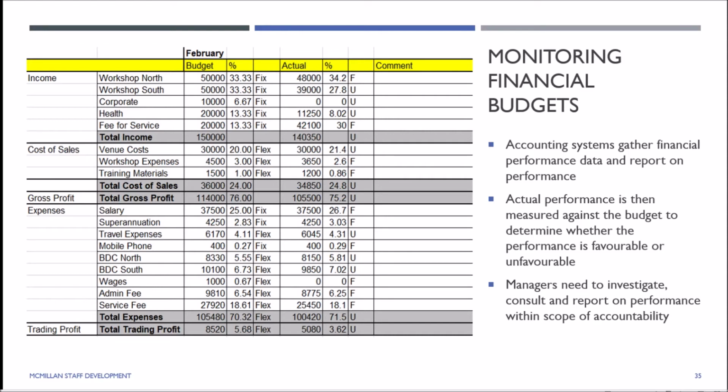So we've got 36,000 for total cost of sales in the second of the grey rows in that table. So we take the total cost of sales of 36,000 off the total income, because it's cost us 36,000 to make 150,000 in sales, and we're left with a gross profit of 114,000. So that's the total income minus the cost of sales, and this is 76% of the total income.